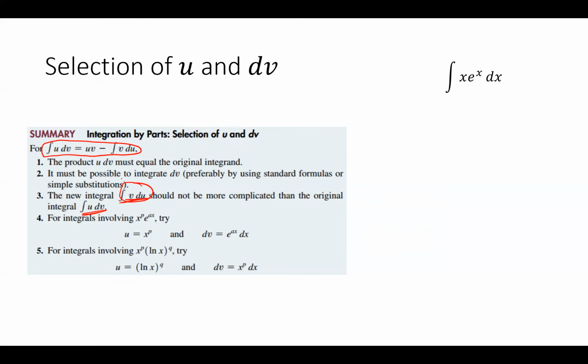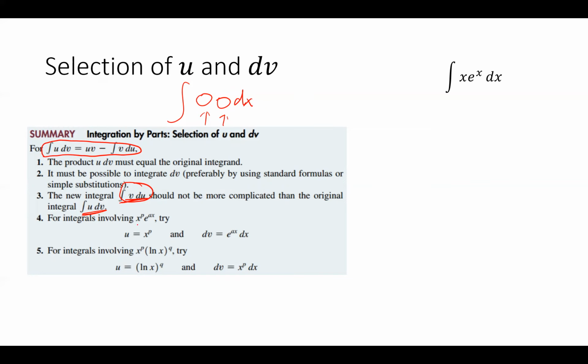Of course, there's this question: if there are two terms, and the integral of both terms, which one should I set to u, and which one should I set to v? So this is a question we have, and there are some rules of thumb.